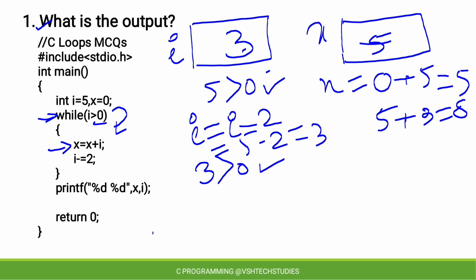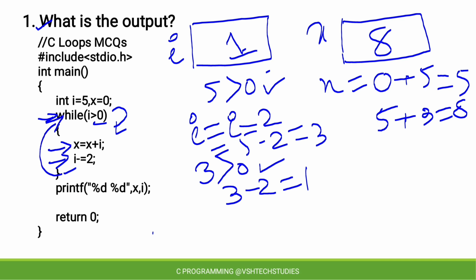So x is made 8 now. Next, the second instruction, I equal to I minus 2. So I is 3. 3 minus 2 means 1. So this 3 is taken out and 1 is saved in I. Then the loop end is here. The control goes back to the while loop. So the second iteration is over now.